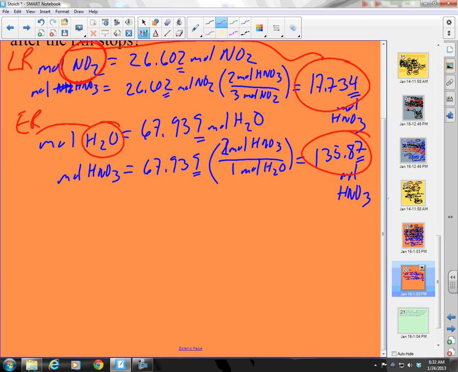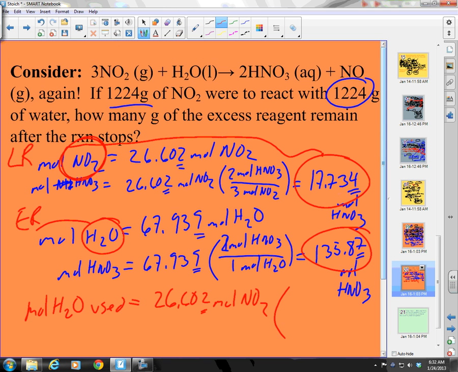And now we want to figure out how much water reacted. So moles of H2O used is going to be equal to what? We take my 26.602 moles of NO2 times the mole ratio between those two, right? 1 mole of H2O per 3 moles of NO2.